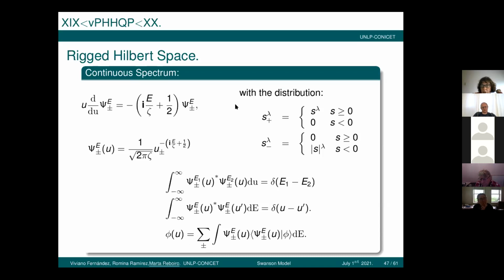Let us come back to our original Hamiltonian, that is the Swanson model.